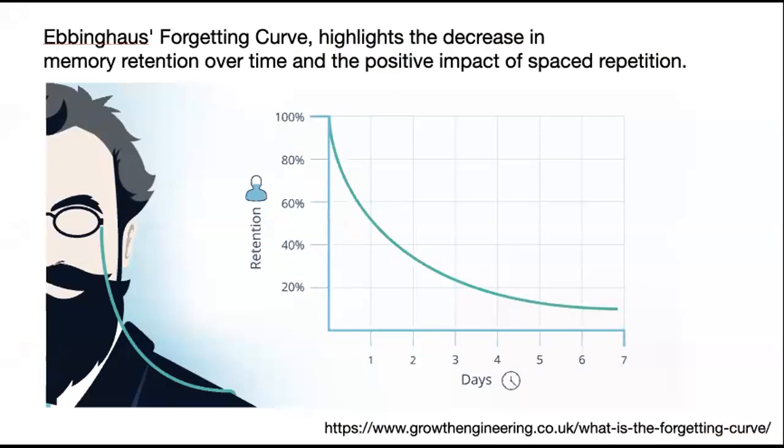In other words, naturally we forget things over time, and we will forget pretty much within the first day of hearing and learning something. We'll probably forget half of what we've just learned. This is according to the curve, and by 3 days you've forgotten pretty much 80% of what you've just learned.